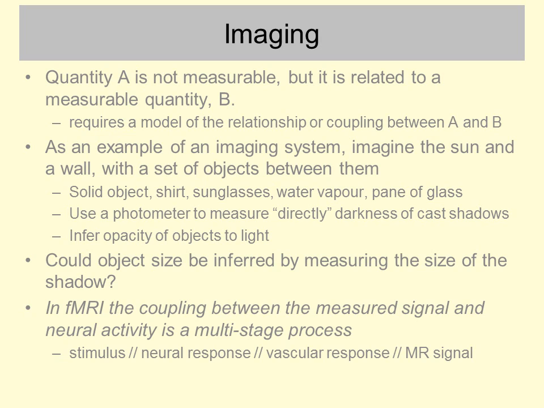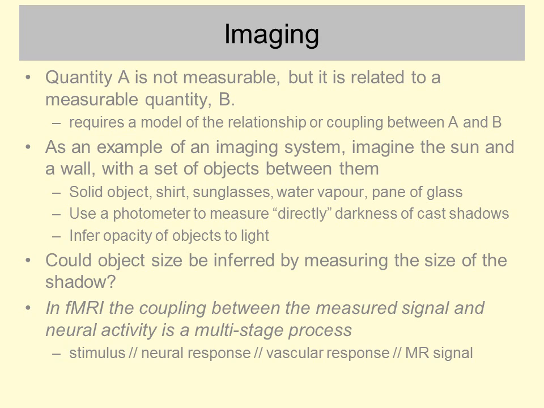Now, in the case of functional brain imaging, the actual coupling or relationship between what you measure and the thing you're interested in, which is neural activity, is a very indirect and multi-stage story. You're normally interested in some psychologically relevant stimulus, actually, and then you get the neural response to that.